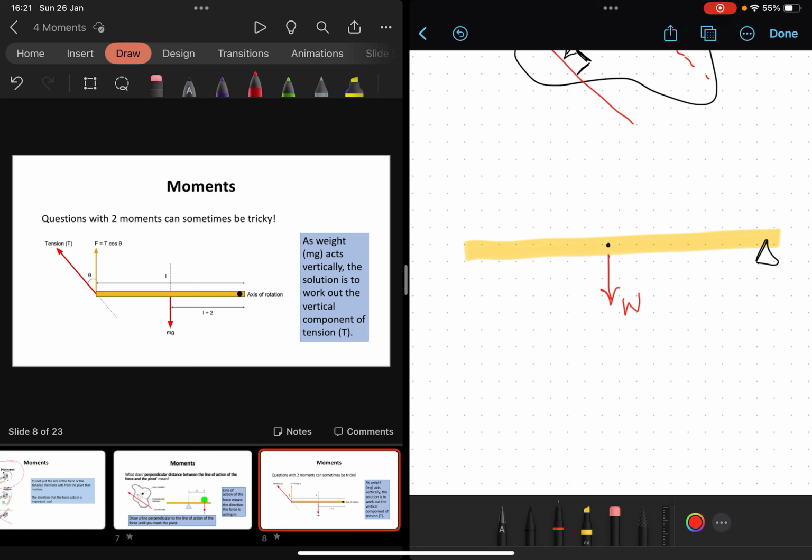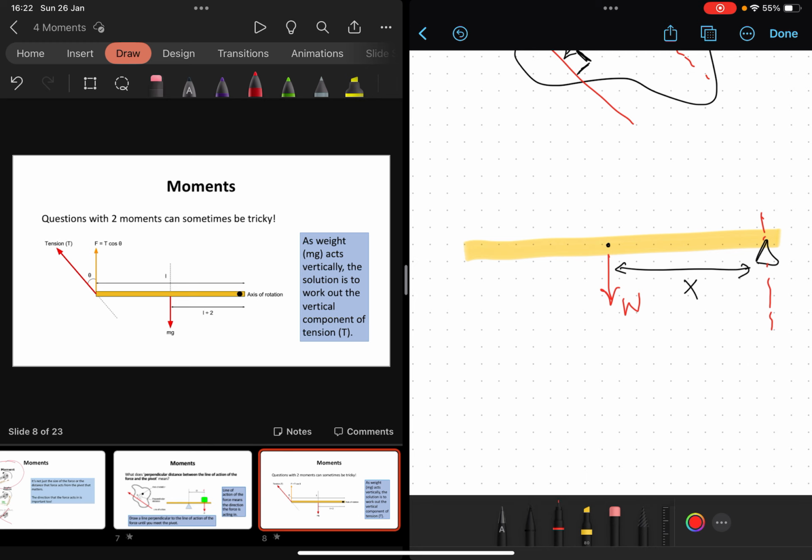So working out the perpendicular distance of the line of action of the force and the pivot is quite easy here. Okay, so I draw my little dotted line, also vertically down from the pivot, and that would be the distance that I would be calling x.